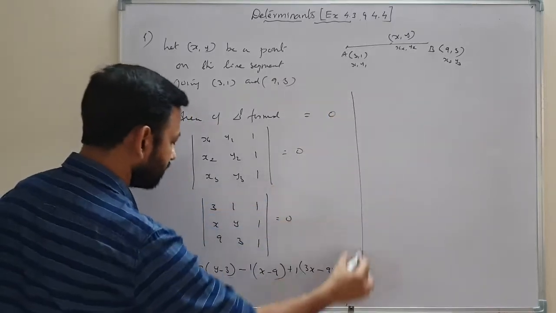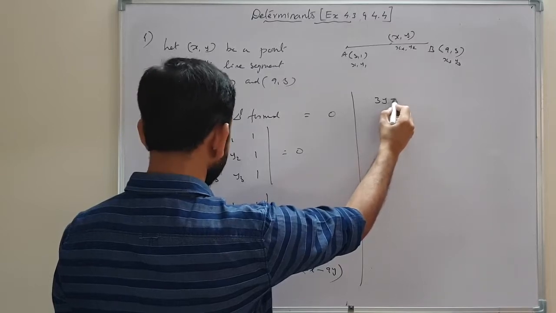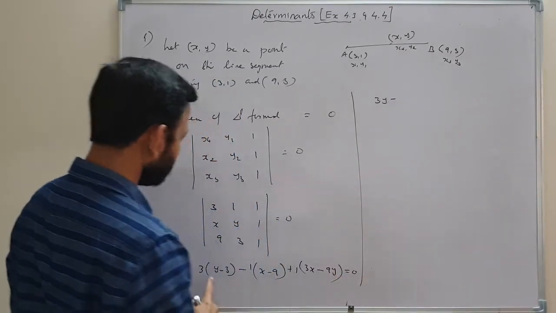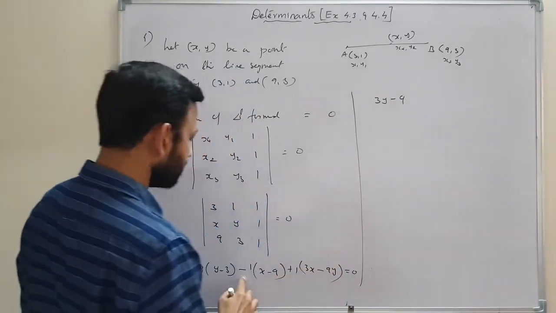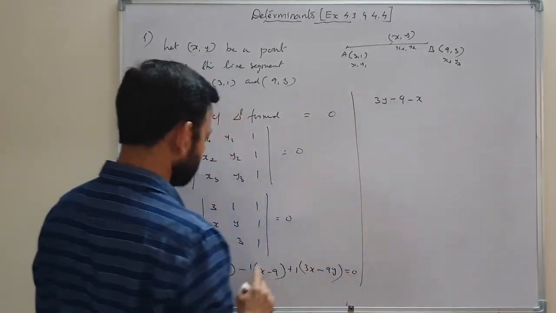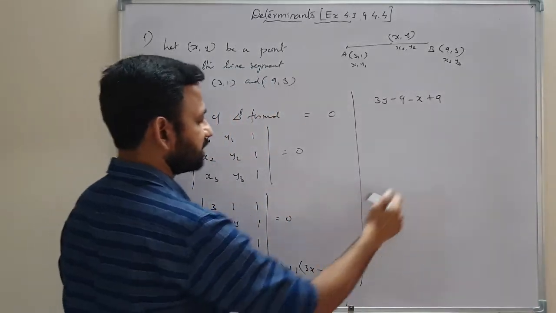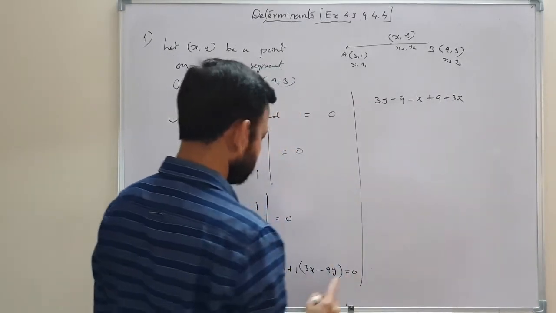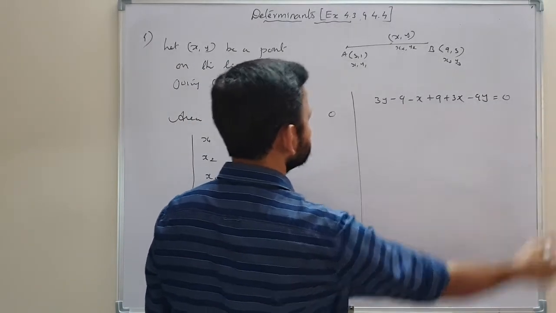Now we can open the bracket: 3y minus 9, then minus x plus 9, then plus 3x, then minus 9y equal to 0.